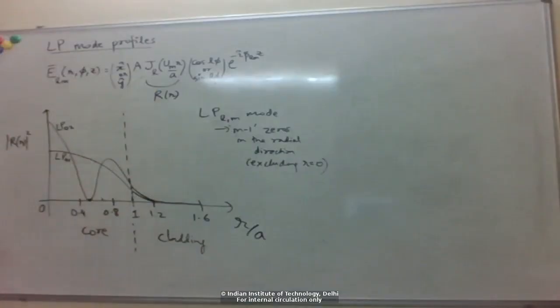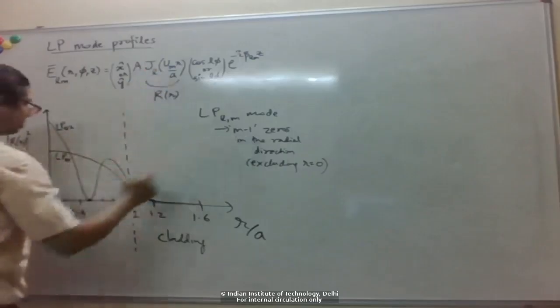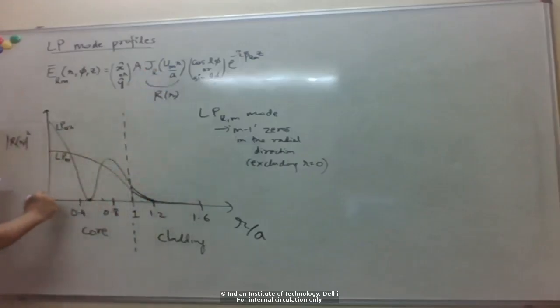So for example, now let's see what LP11 would be. LP11, that will be J1, and since M is 1, there won't be any zeros in the radial direction, so it will just do this.